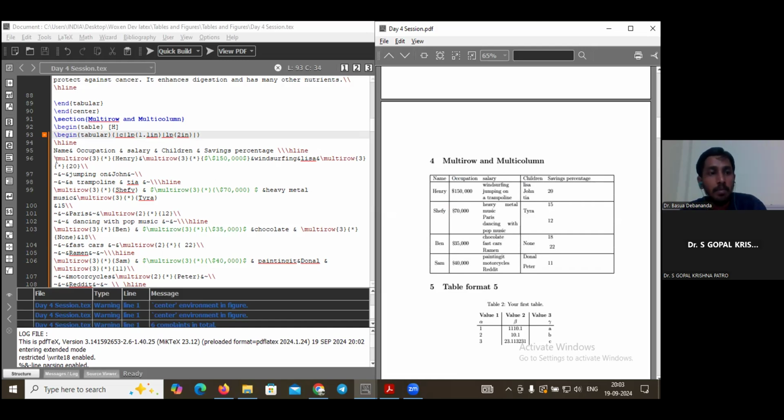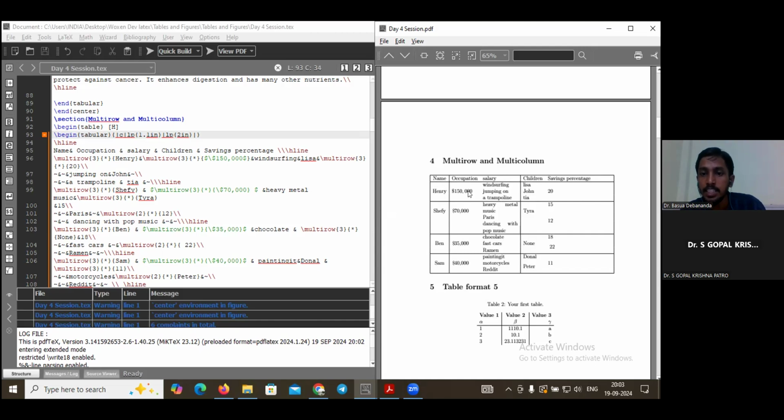That means I have used \multirow. Before, in the second table, I discussed \multicolumn. Here it is \multirow, and since I need 3 rows, I have written 3.